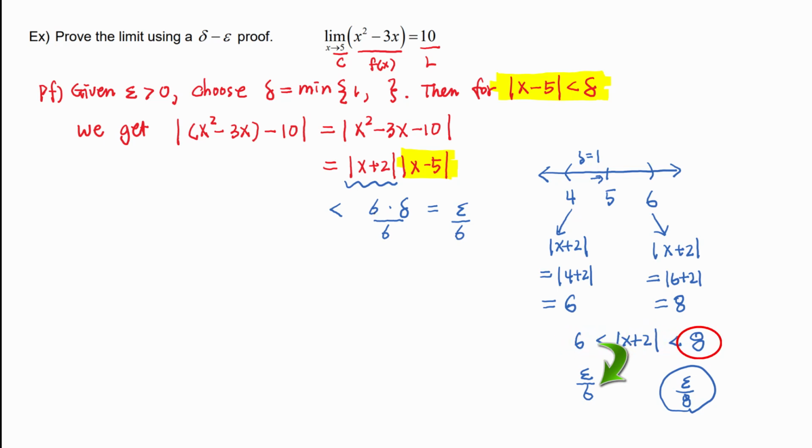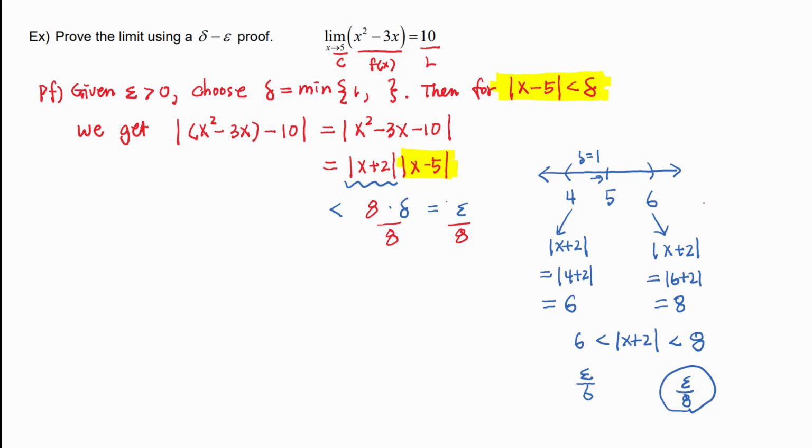If we replace that absolute value by 8, delta is going to become epsilon divided by 8. Which number is smaller? Epsilon divided by 6 or epsilon divided by 8? That's right. Epsilon divided by 8 is smaller. So we don't want to replace by 6 there. We want to replace that by 8. So then we want to divide both sides by 8 to determine what the delta has to be.